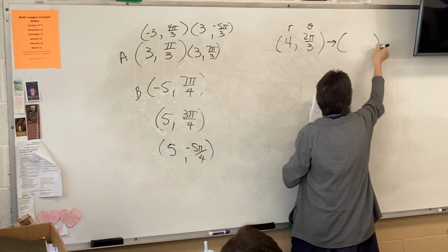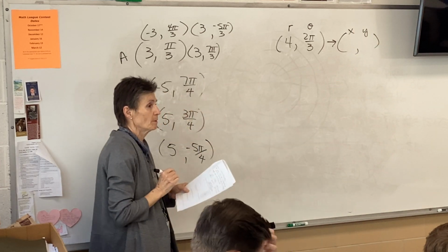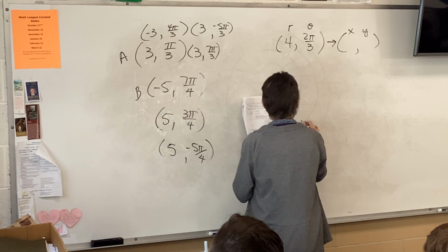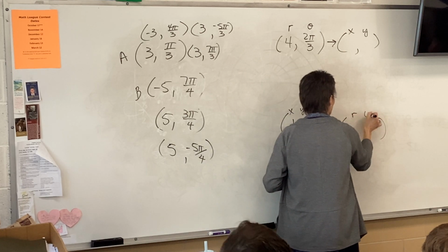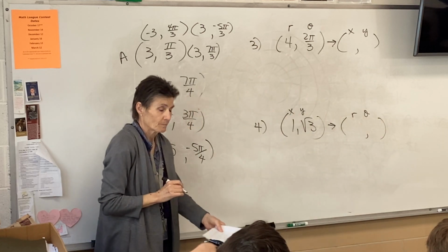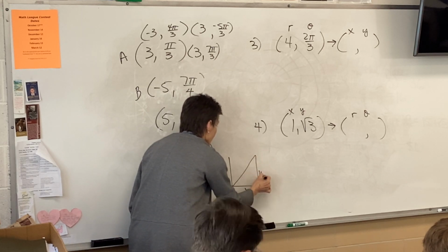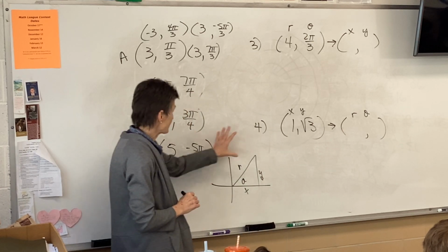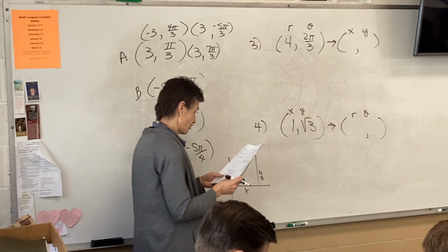You're changing it into an x and a y for problem 3. And then for 4, we're starting with an x and a y, and we're changing it into an r and a theta. And if you ever get confused, just remember your little triangle that ties it all together. That's how you're going to move, if you can't remember what you're doing.